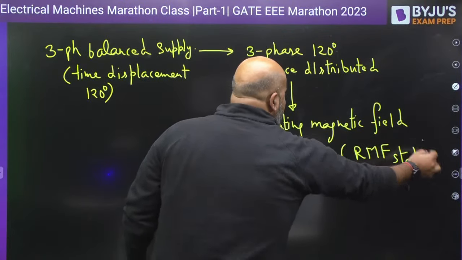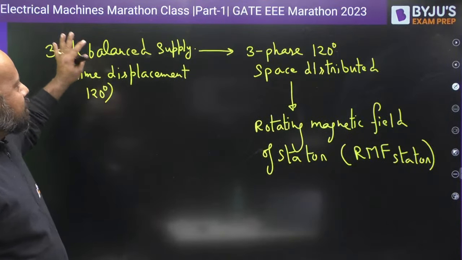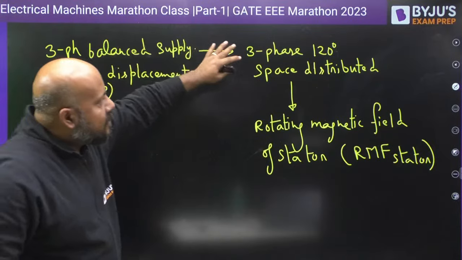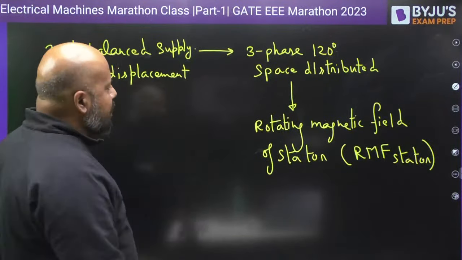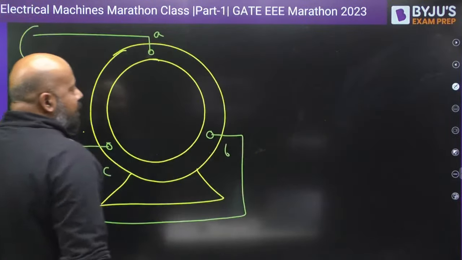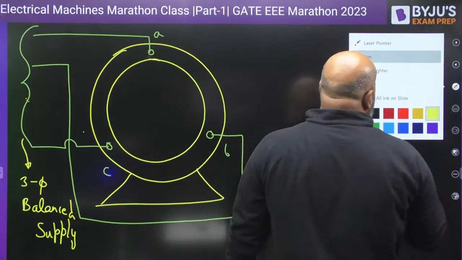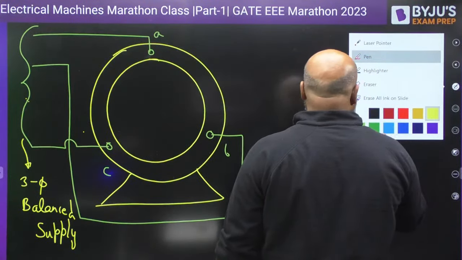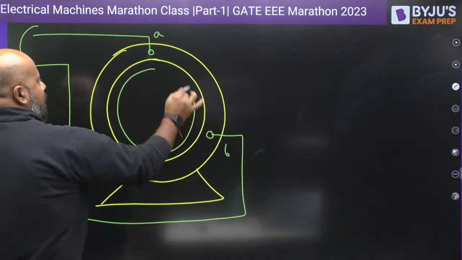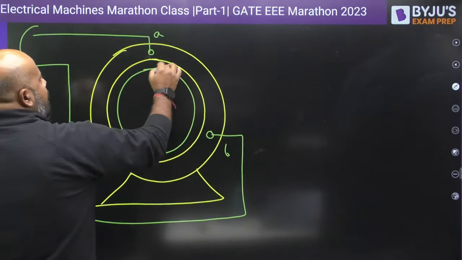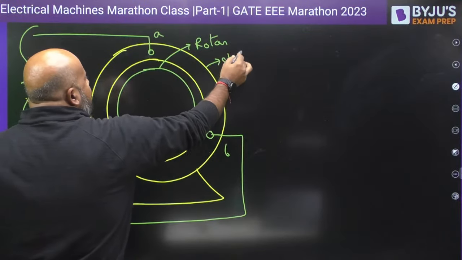And this is a rule: when a 120 degree time-displaced 3-phase balanced supply is given to a 3-phase 120 degree space-distributed winding, a rotating magnetic field is developed. This rotating magnetic field is going to cut the squirrel cage or the winding of the slip ring induction motor, something like this. So this is your rotor, and this is your stator.